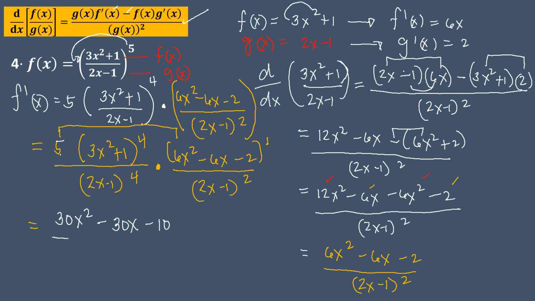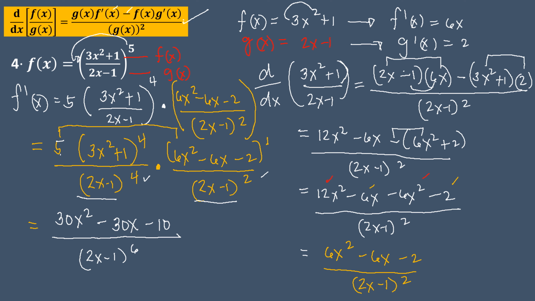And this will be over... Remember that we have common bases. Thus, applying the laws of exponents, we simply copy the common base 2x minus 1, and then we add their exponents. So 4 plus 2 will become 6.